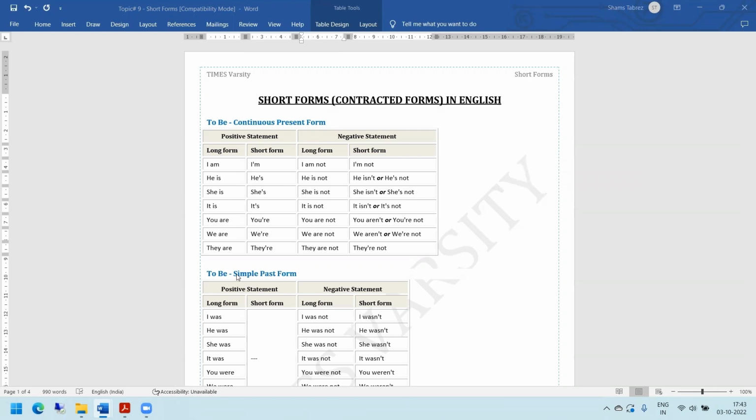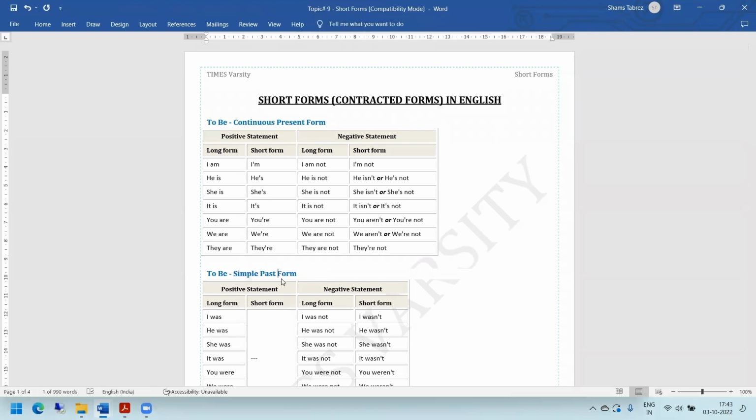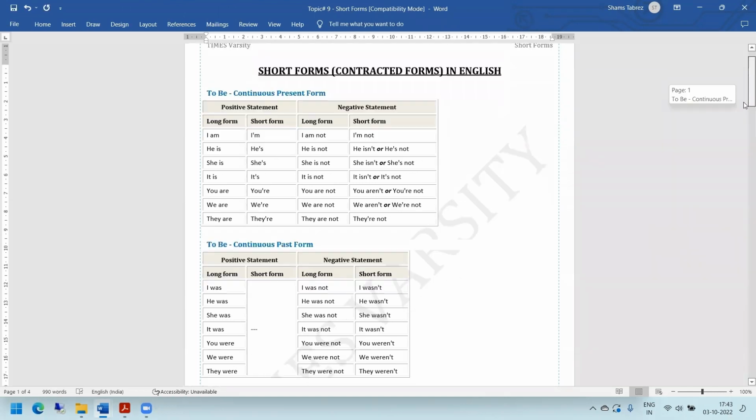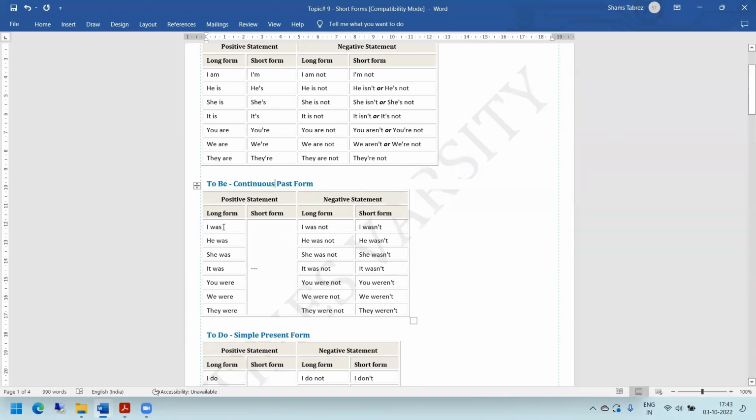If we talk about the continuous past form, I was. For a positive statement, there is no short form. However, for negative, there is. Like I was not: the short form of was not is wasn't.